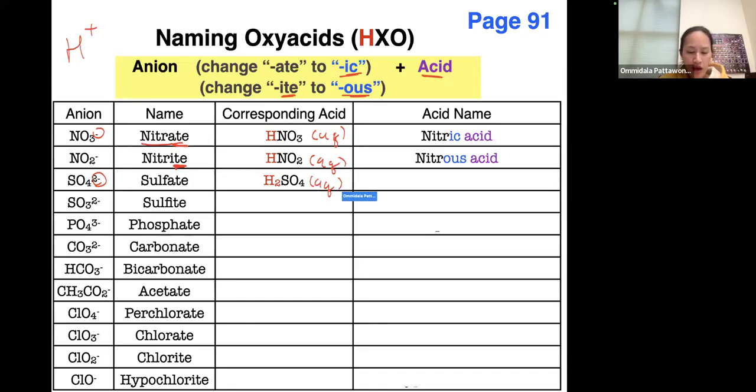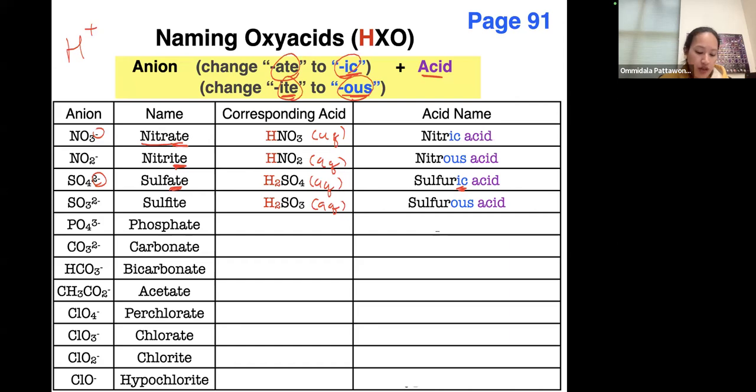The name of this, you actually have to go back to the original sulfur, so it would be sulfuric acid. Again, it's ending with ate, so that's why we're going to have the word ic in the name. What about sulfite? Sulfite would be aqueous, so it would be sulfurous acid. So the take-home message is, if it's ending with ate, change to ic. If it's ending with ite, you are going to end with ous.